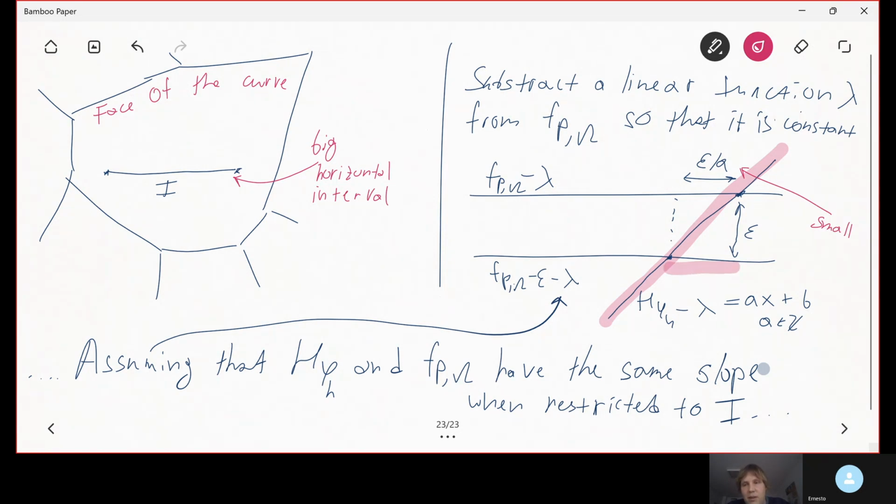Your domain where the inequality can hold is epsilon divided by A, and so it's not big. Eventually, that is the domain of this linearity.